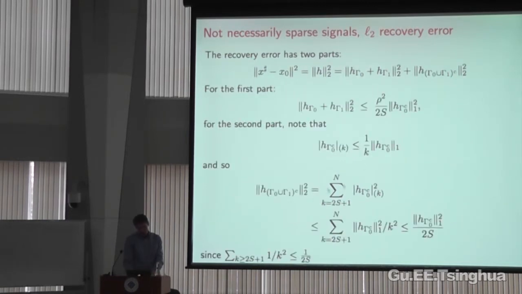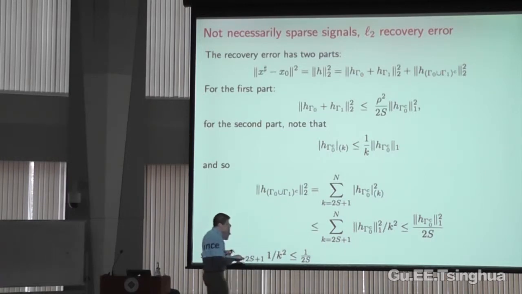Let's look at each entry. I can sort them and talk about summing them in order of how big they are. Again, I can replace this K largest entry with the L1 norm squared over K squared.